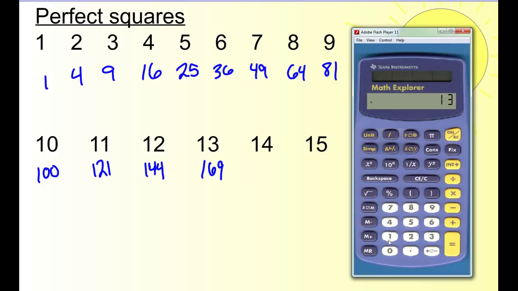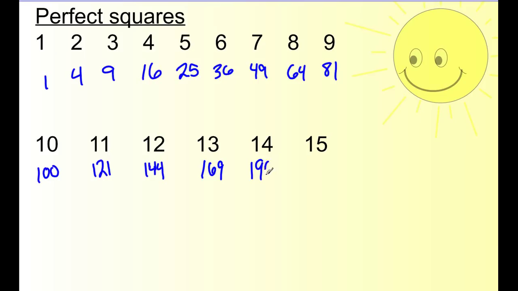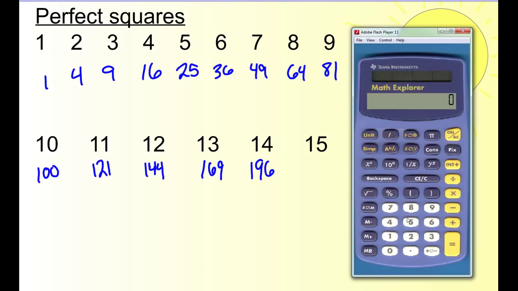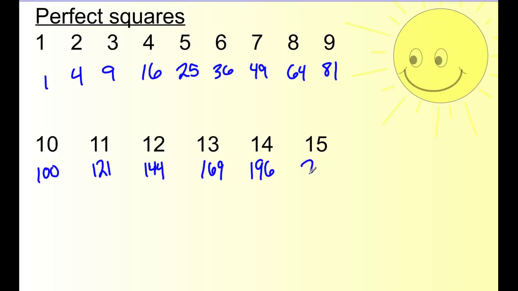13 times 13 equals, yuppers. Since I have my calculator up, 14 times 14 is 196. And 15 times 15, I believe, is 225.